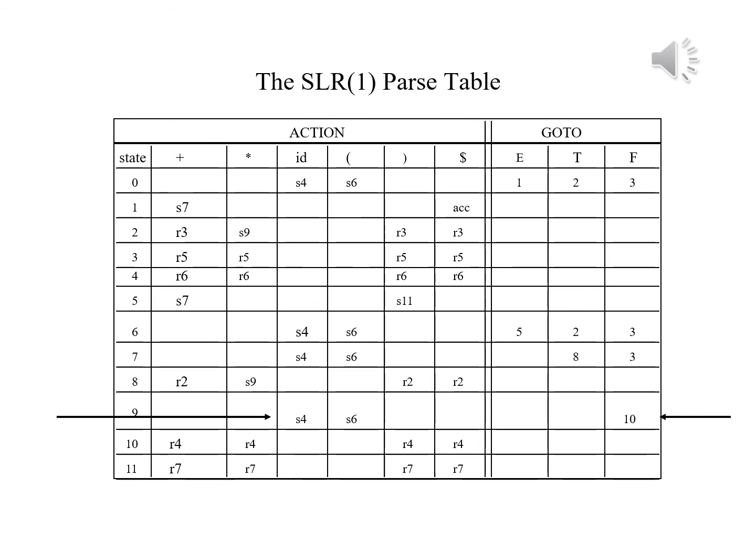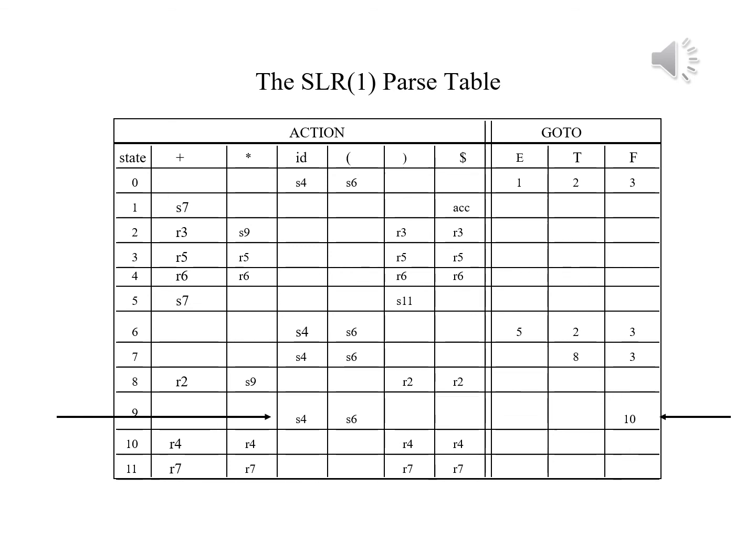State 9 has 3 non-final items. With factor derives dot identifier, we shift and go to state 4 on identifier. With F derives dot open parenthesis expression close parenthesis, we shift and go to state 6 on open parenthesis.